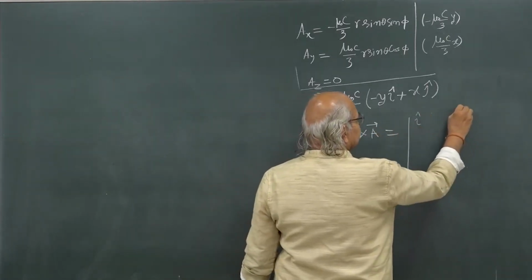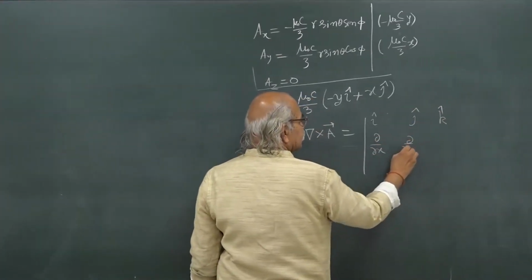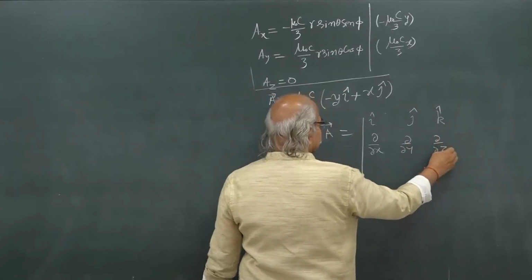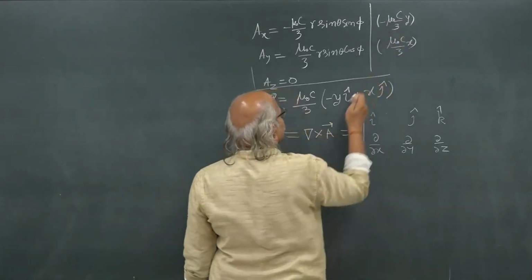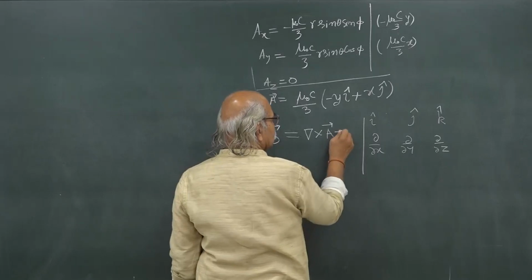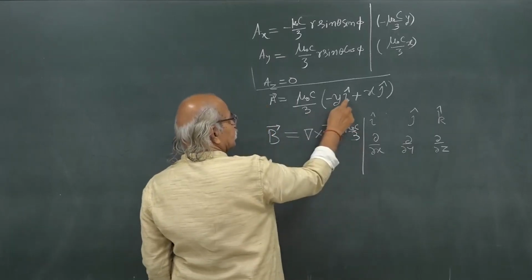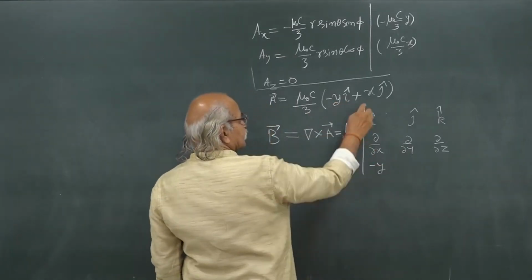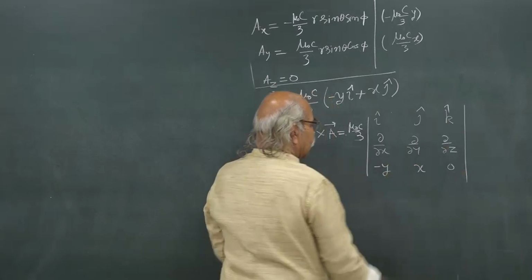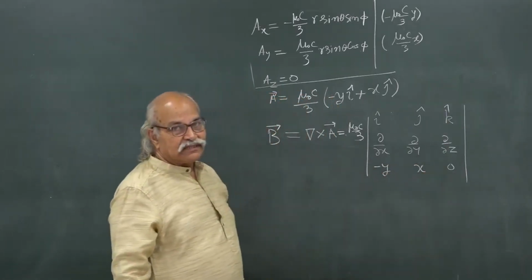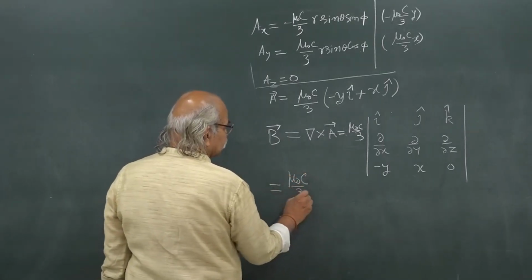Write i cap here, j cap here, k cap here, del del x here, del del y here, and del del z here, and then Ax is this, mu naught c by 3 common, then the x component is minus y, so you write minus y here, and the y component is plus x, so you write plus x here and 0 for the z component.